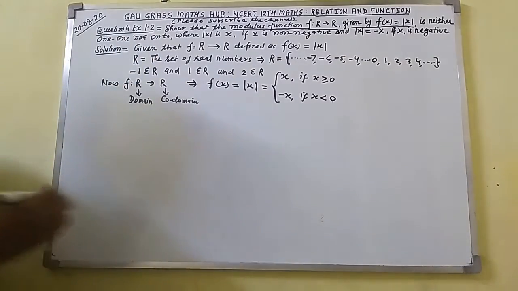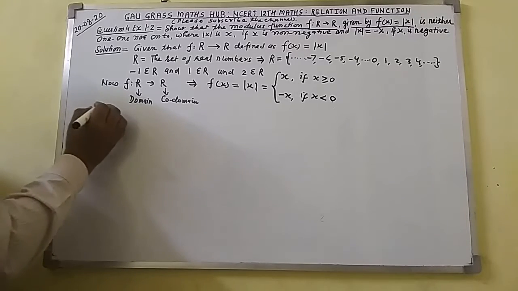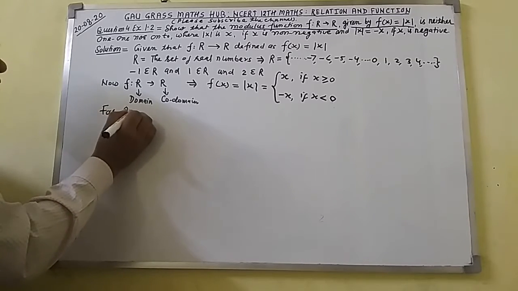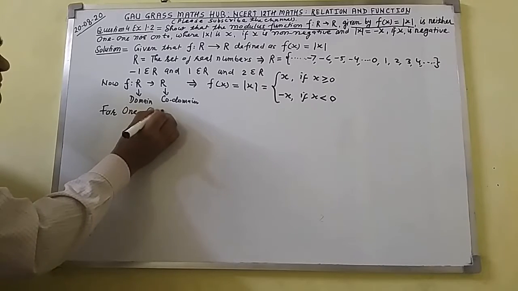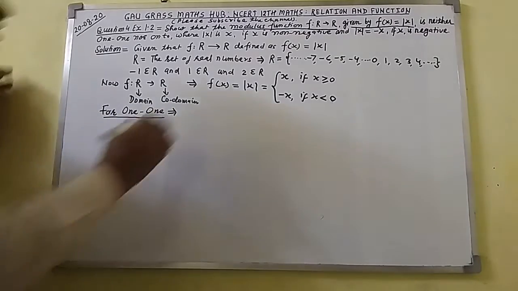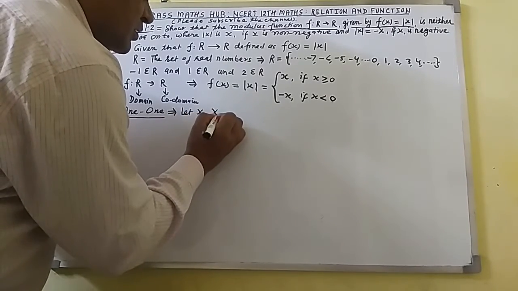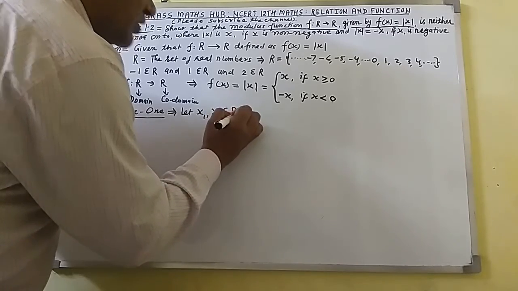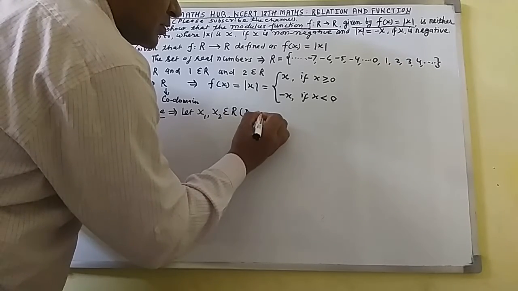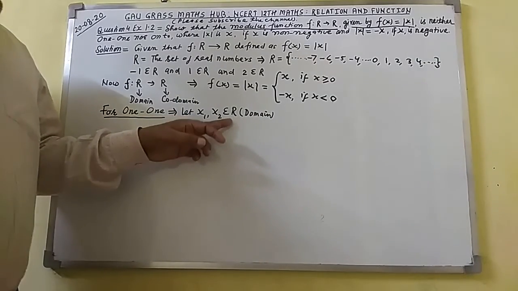So now I am going to write the concept as well as the solution for a function to be one-one. For one-one, let x1, x2 belong to capital R, the domain.